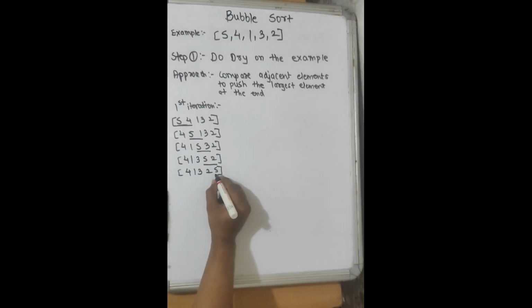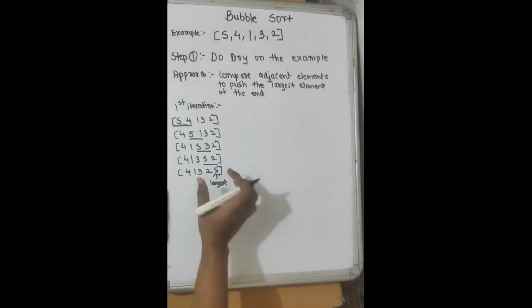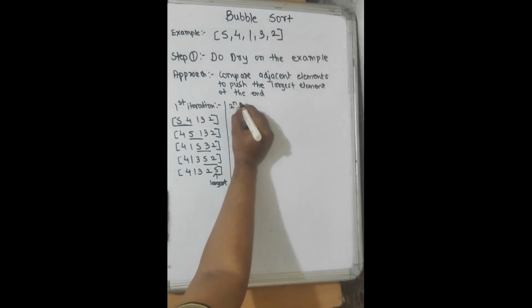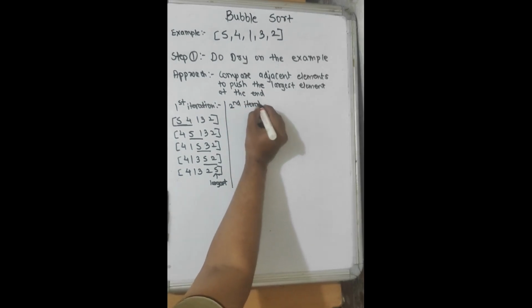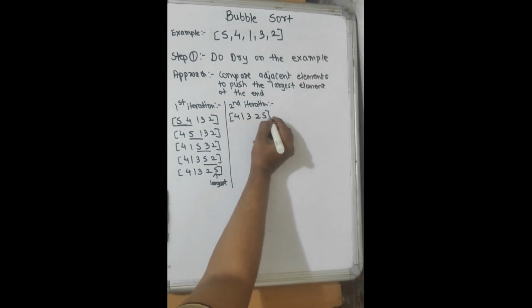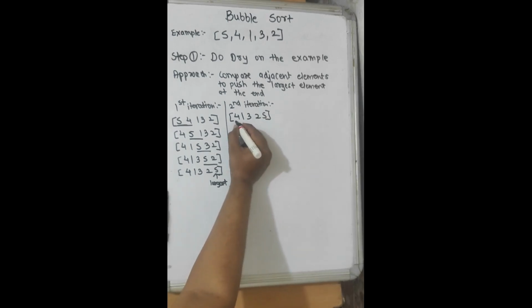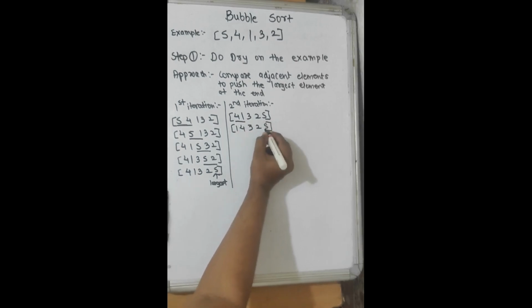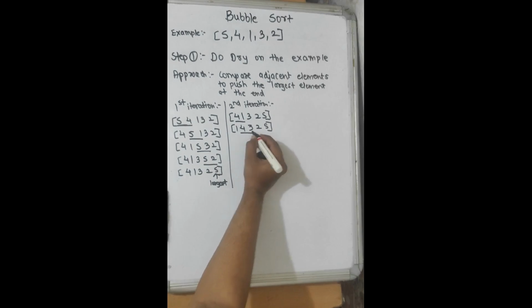Here we have got 5, which is the largest element, at the last. Now second iteration. So we will take this, again compare the adjacent elements. Here 1 is smaller, so we will swap it. Again here compare, 3 is smaller, so we will swap it.